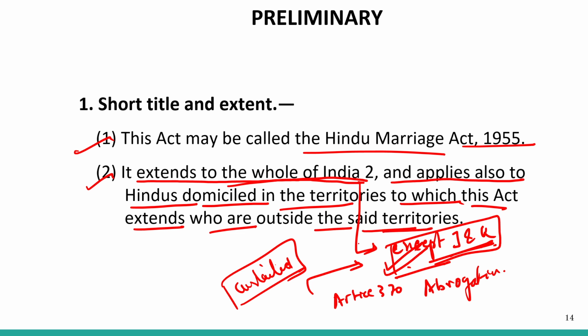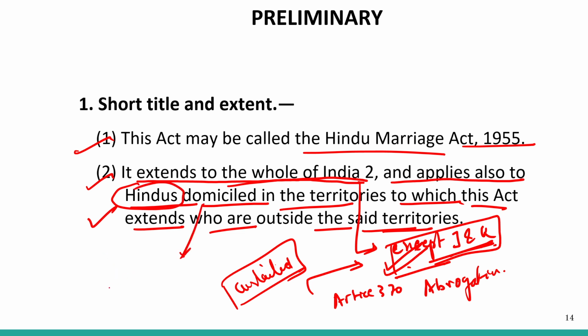For example, what does that mean? It means, for example, there is one person A. He happens to be present in America, but he is a Hindu. He is a Hindu and he is domiciled.